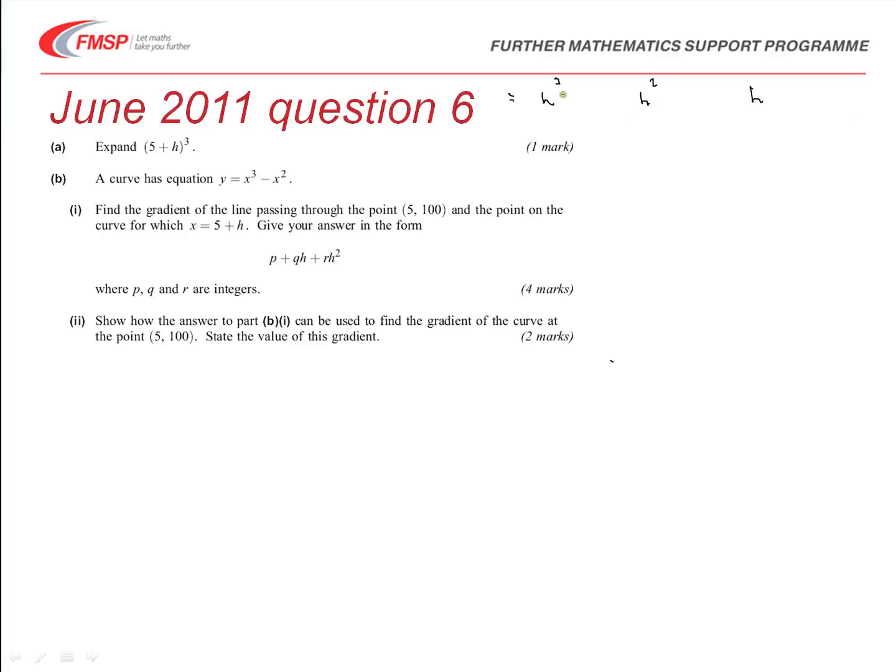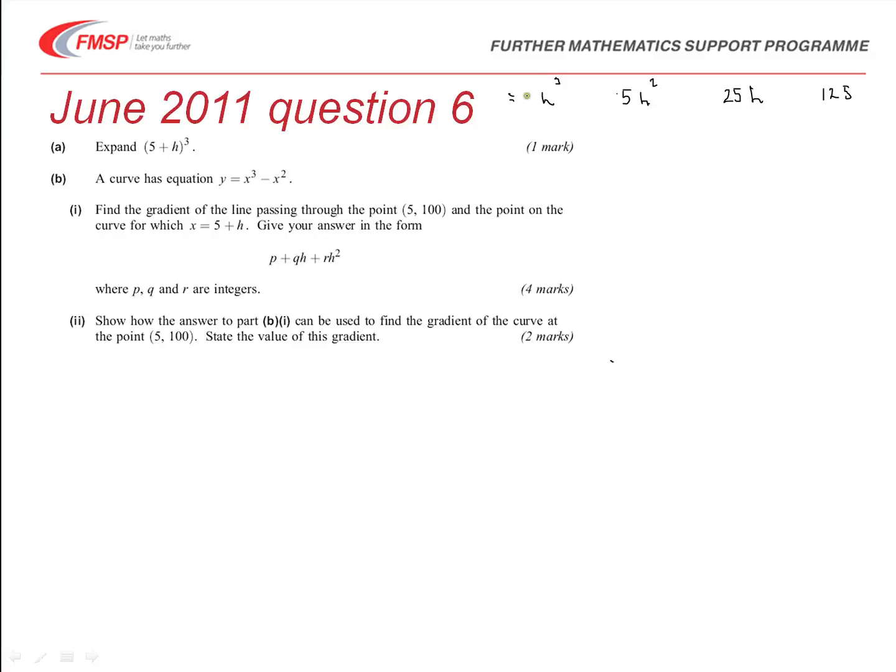Similarly, we get 5 to the power of naught in our first term, 5 to the power of 1 in our second term, 5 squared in our third term, and 5 cubed in the fourth term. And then we have to multiply by Pascal's triangle.